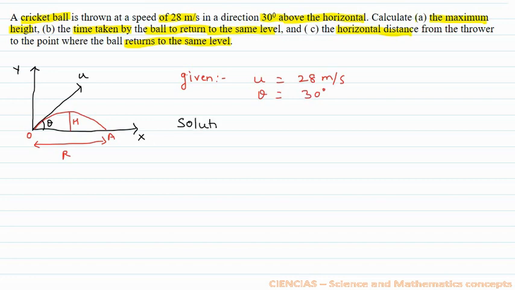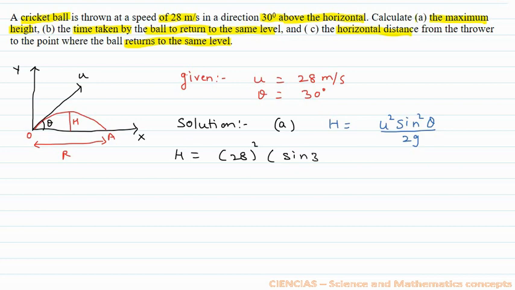The formula that we'll be using, height is given by u square sine square theta upon 2g. So now we put the values: 28 square into sine 30 square upon 2 into 9.8.